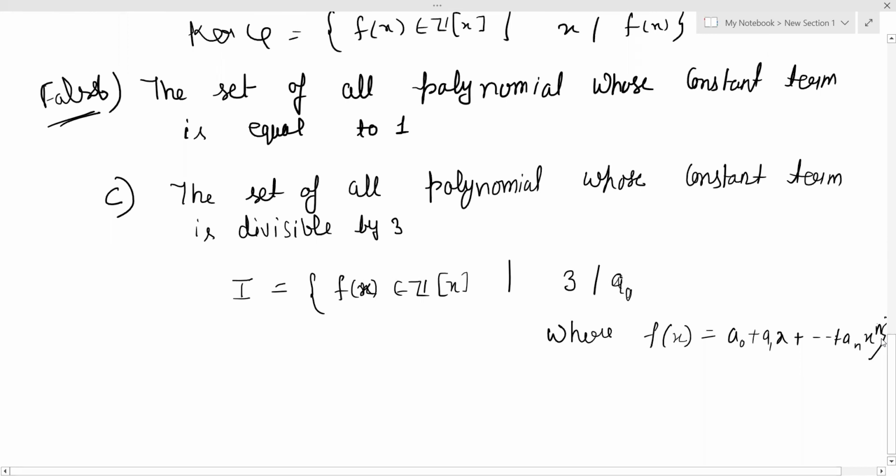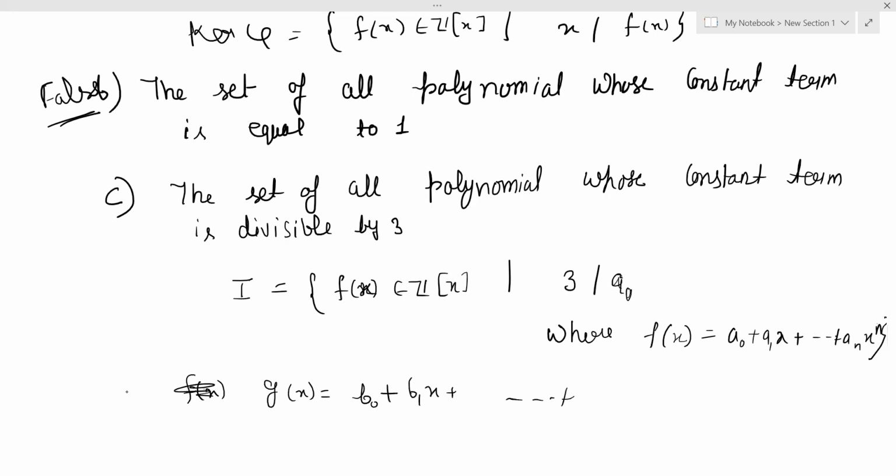So how will we argue? Take two such polynomials and find their difference. Okay, f(x) and g(x). f(x) is equal to this one, and suppose g(x) is the same kind of polynomial with coefficient b0, that is b0 plus b1 x plus so on, b_m x to the power m, and 3 divides b0.